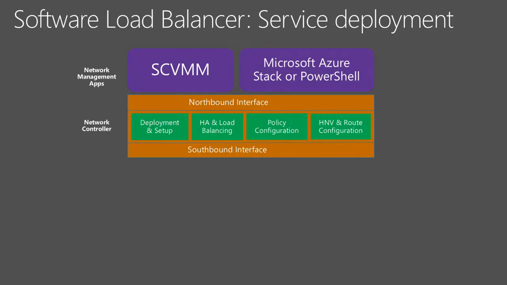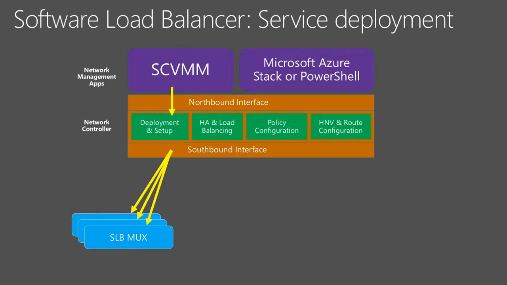So as far as how you get this up and running, you're going to start out with the controller. You'll have that up and available. This is actually the same controller that Azure uses, the same SLB manager module that runs in the controller that Azure uses. We've ported that over to Windows Server. And so you're going to start by deploying, through SCVMM, the SLB MUX instances.